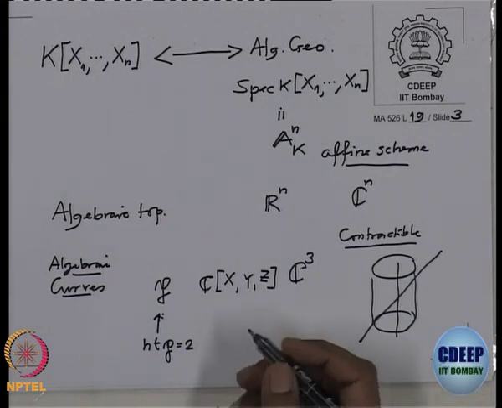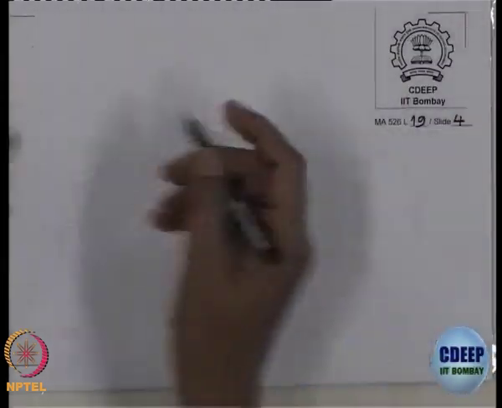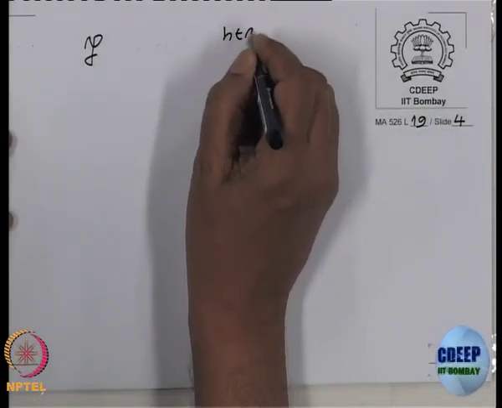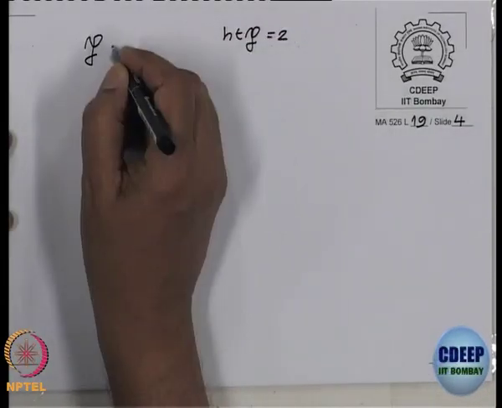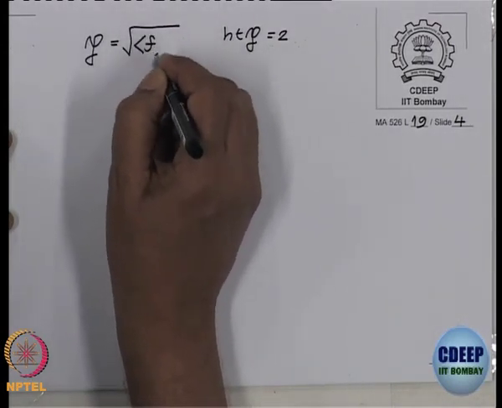So, the question is translated into completely algebra: given a prime ideal P of height 2, is P the radical of an ideal generated by 2 elements?